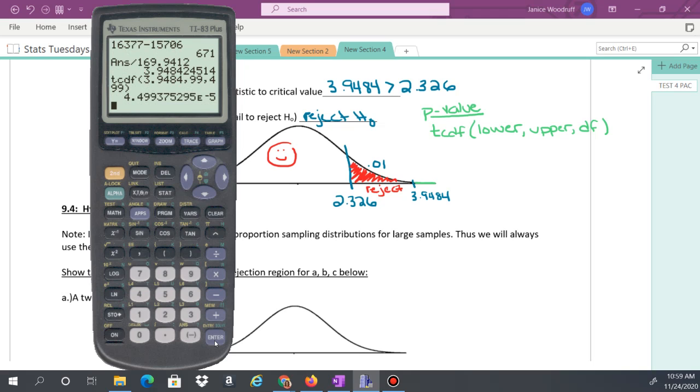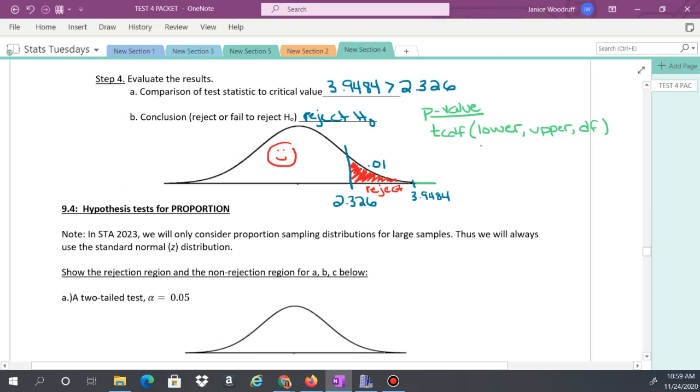You would enter all of those on the 84 and then click paste, and then you should get this value here. So this is basically 0. It is 4 zeros and then a 4: 0.00004. Okay, so that is my p-value.